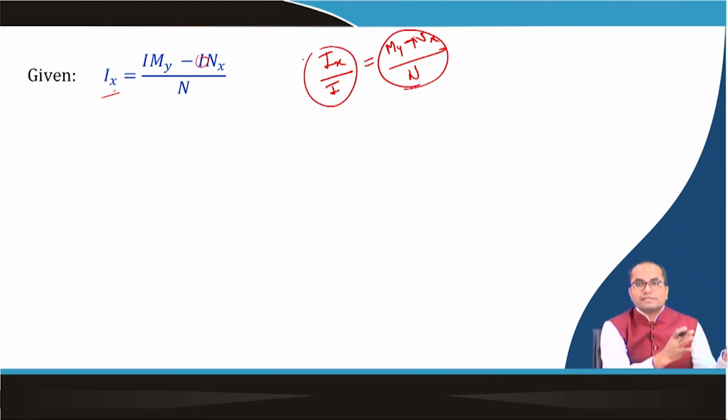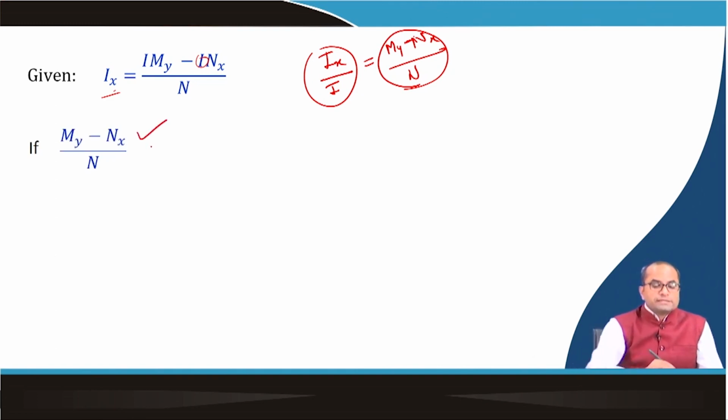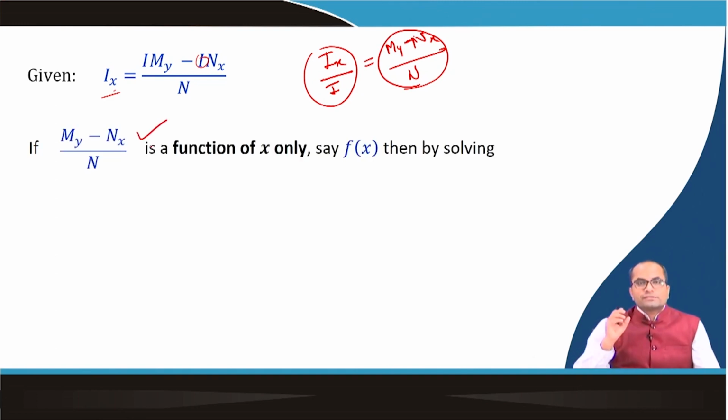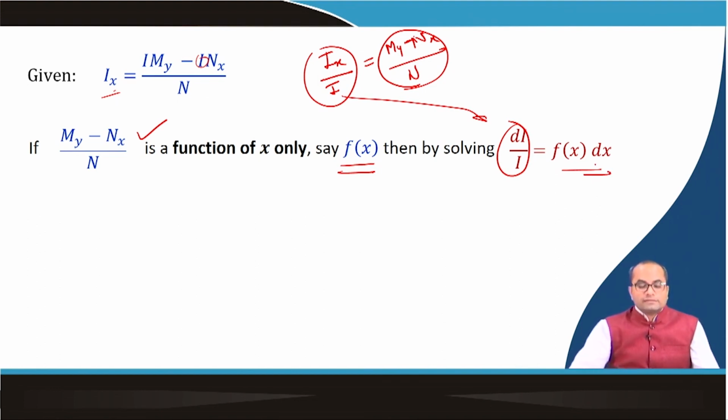Then we have the left hand side a function of x and the right hand side also a function of x, so we have consistency, and then we can integrate this to find I. So, if M_y minus N_x over N is a function of x only, let us call it f(x), then by solving this differential equation dI over I equal to f(x) dx, we can get I.